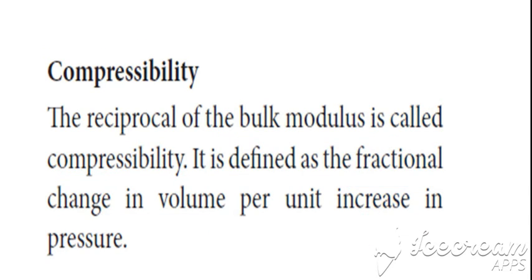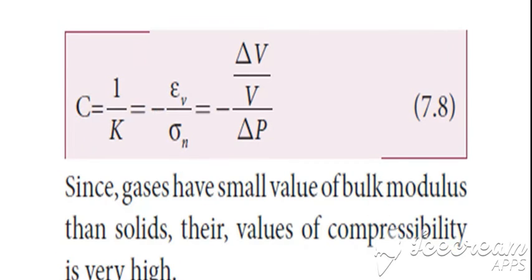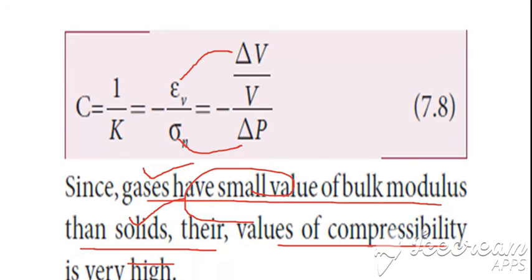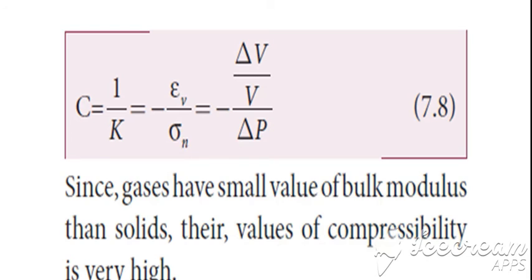Clear with what compressibility is? Compressibility is the reciprocal of the bulk modulus, and it is given by C equal to 1 by K, which is minus epsilon V by sigma N, that is del V by V del P. Gases have a very small value of bulk modulus compared to solids.